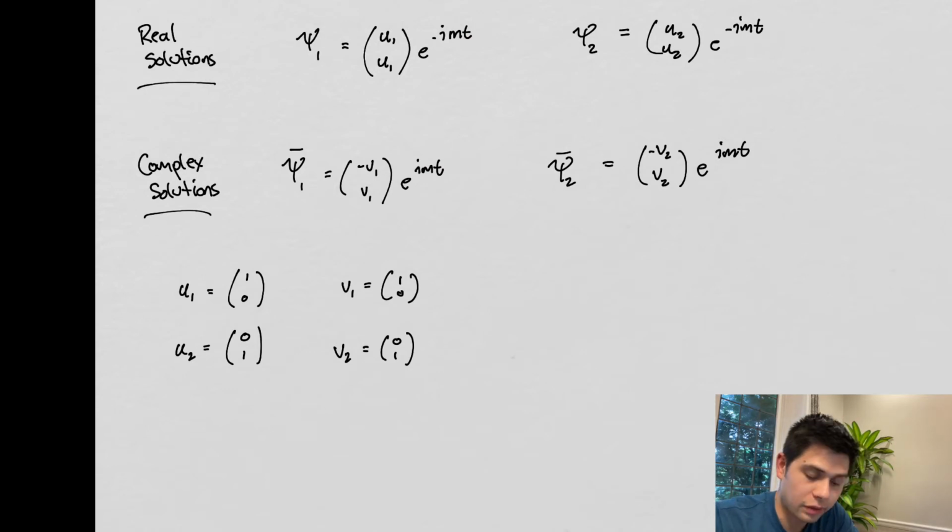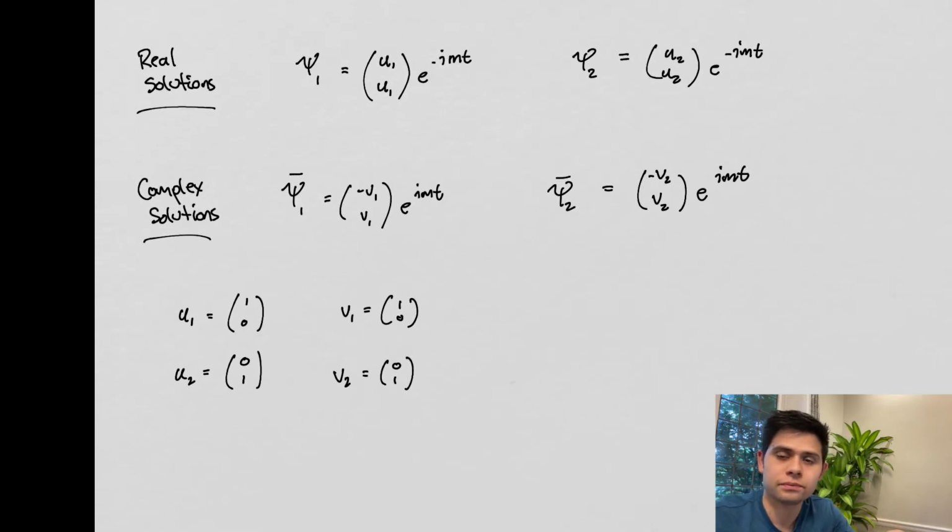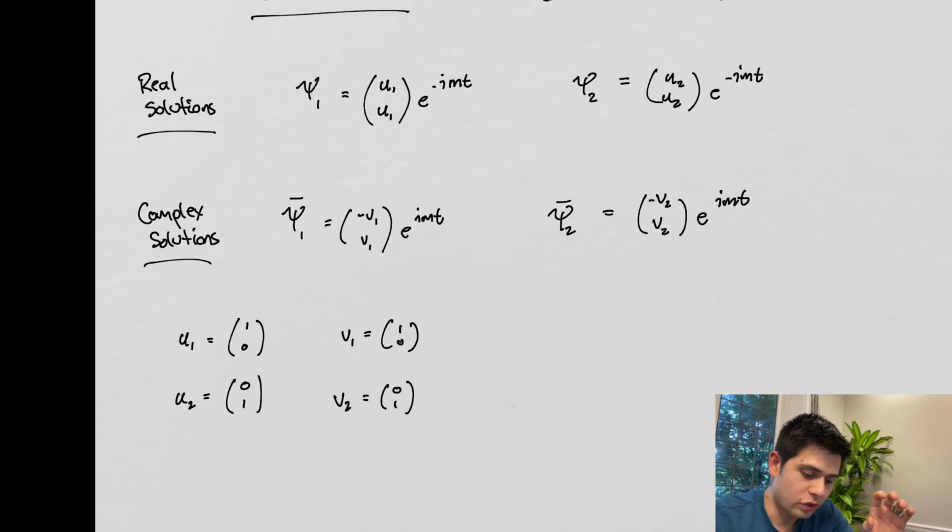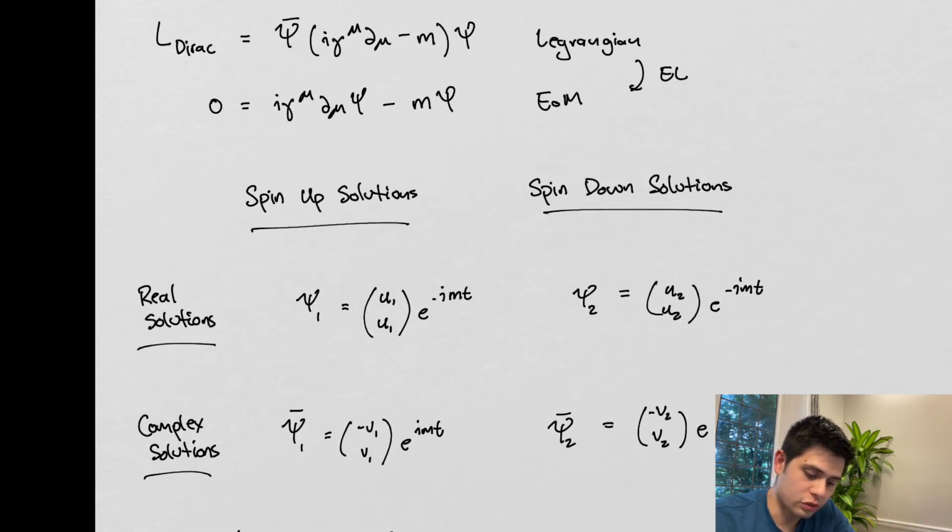Again, we're just proposing this, and I'm going to go ahead and say that these work. You can go to my Patreon page to check that these work. What you want to do is put a solution in here and see if it works.